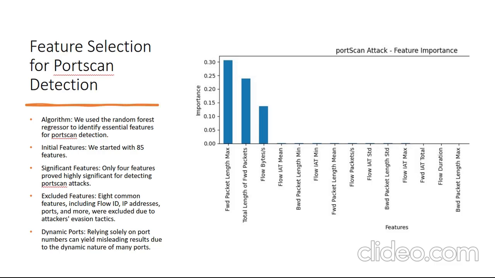We are not considering these 8 common features such as flow ID, IP address, port, because an attacker can easily manipulate these common features to evade detection of port scan attack. Depending solely on port number can also be misleading, because it may operate dynamically.